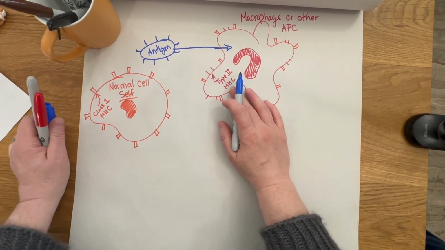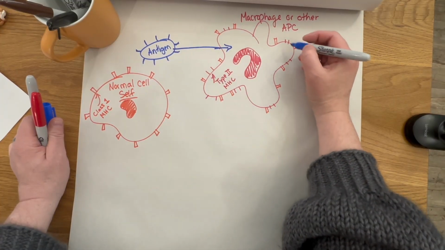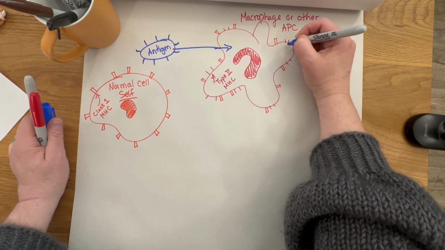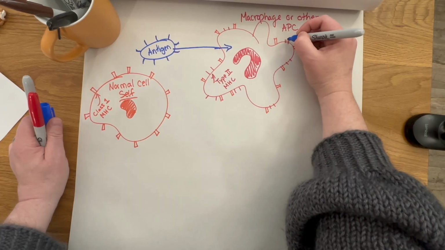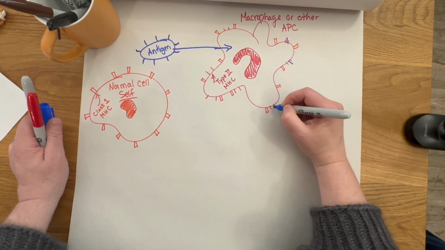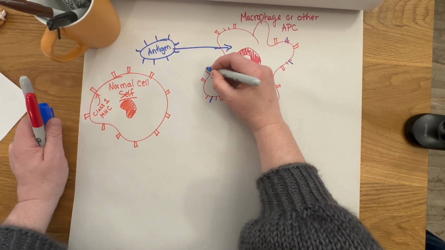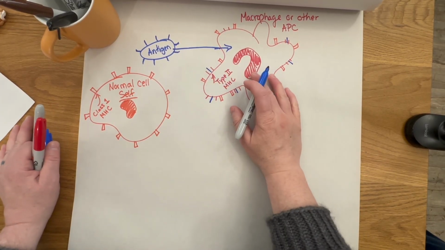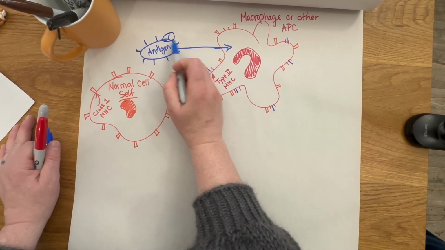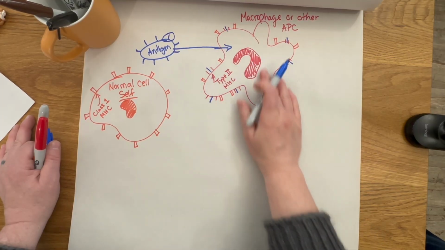As they do so, they're going to break down its little proteins, and they're going to mount those little antigen proteins on their own surface. And then they're going to take little pieces of it, and they're going to say, hey, look what I caught, okay?